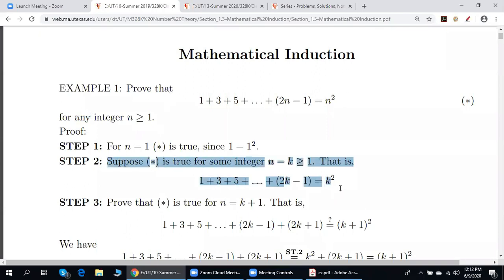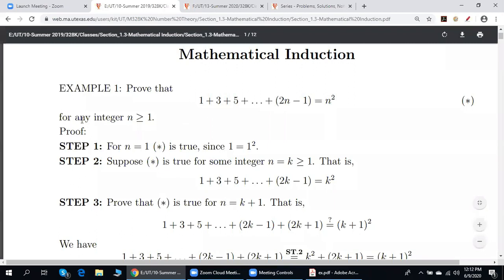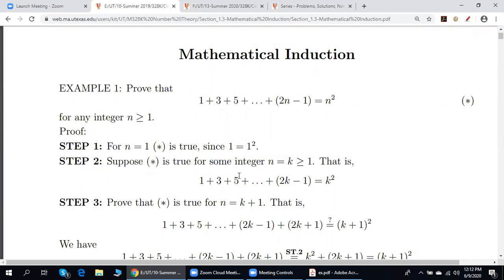In step 2, suppose this is true for some. So the difference between this and this is the following. Instead of any, we put some. Here is why this matters.